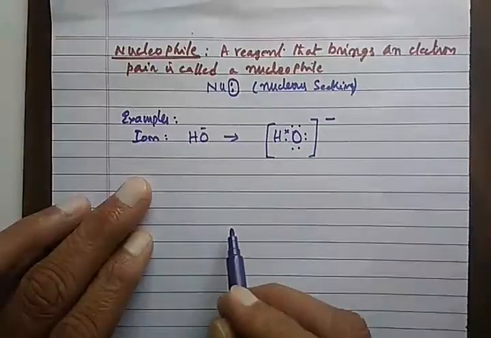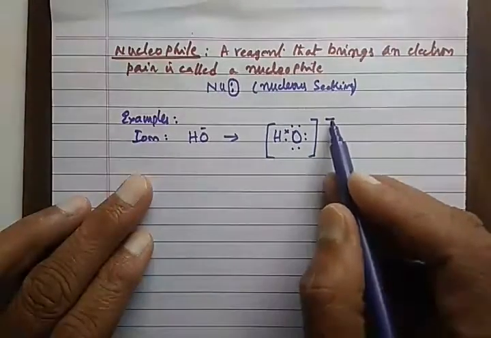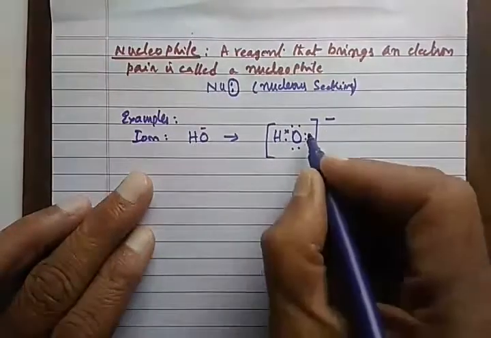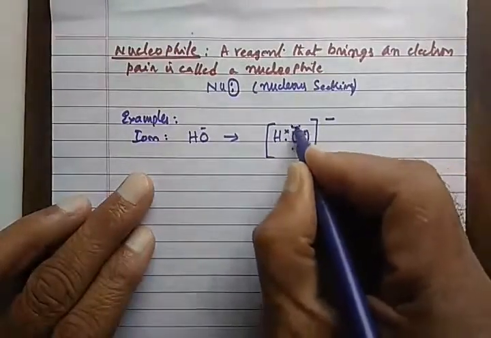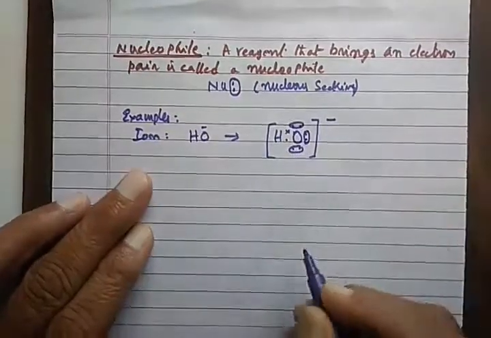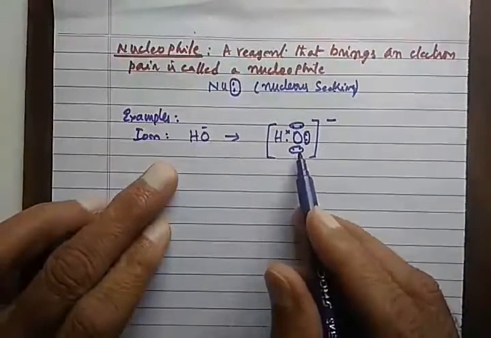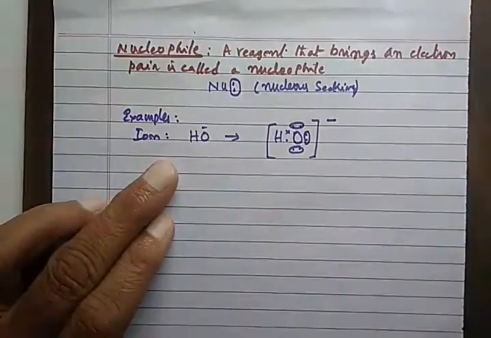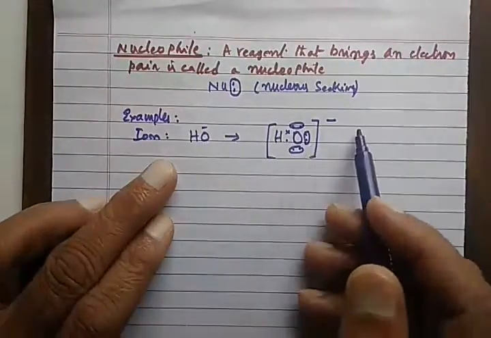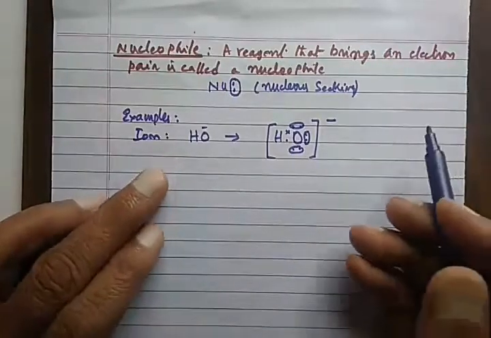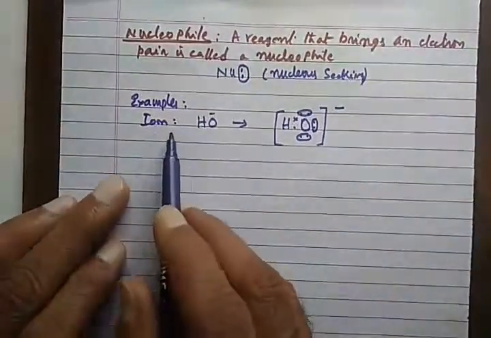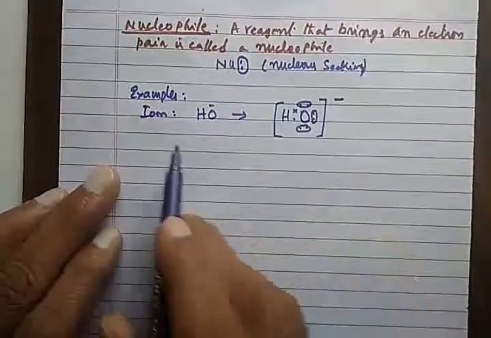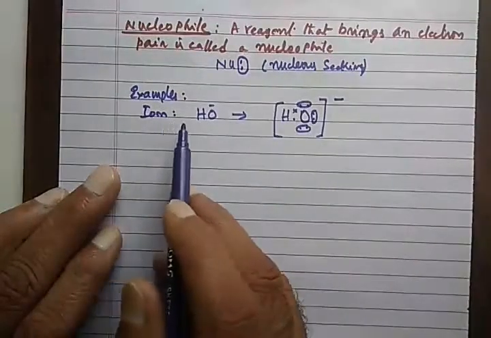So it carries a negative charge. This has 1, 2, 3 lone pairs of electrons, so it can attack a nucleus. A nucleus has a positive charge. So this is an example of a nucleophile ion, the hydroxyl ion.